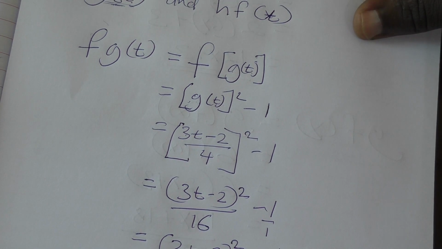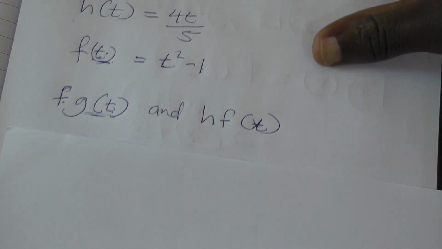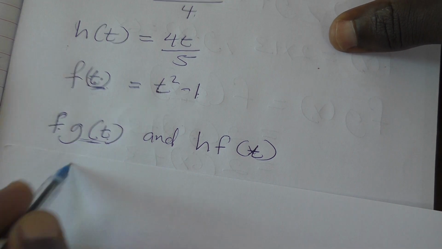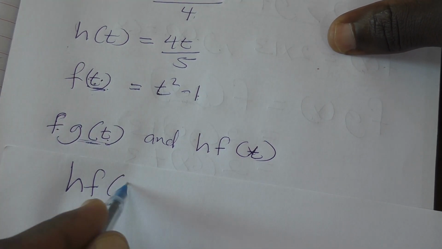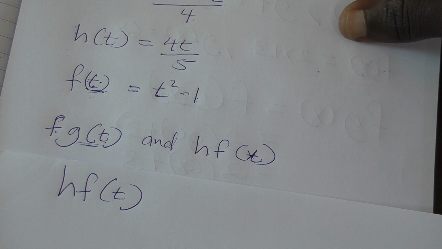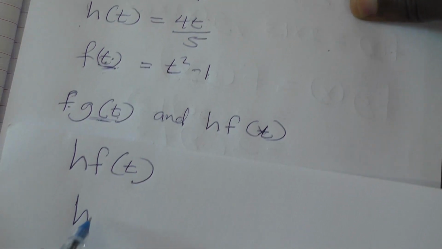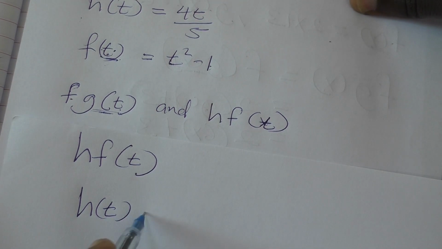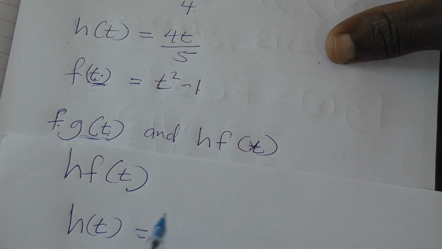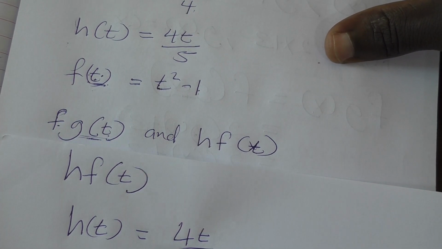And then we are also supposed to find hf of t. So we have h of t. The expression for h of t is 4t over 5.